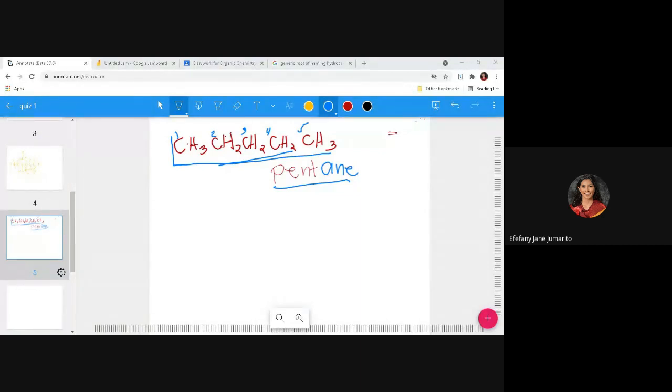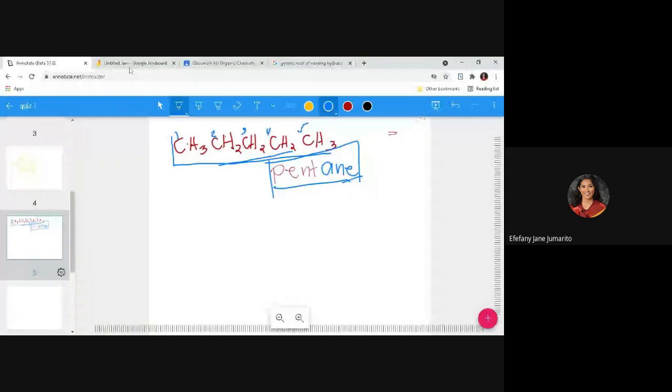Okay. So that is, so this is our IUPAC name. Okay. So check your work if you got the correct answer.